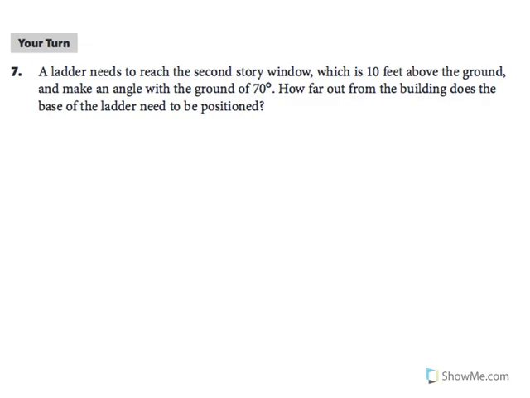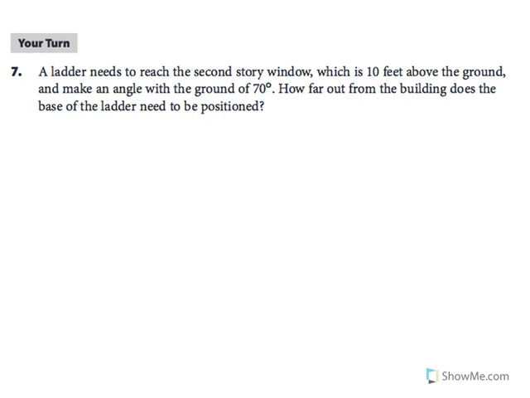Okay, and then for number 7, you have to draw your own right triangle. Right, so a ladder needs to reach the second floor window, which is 10 feet above the ground, and makes an angle with the ground of 70 degrees. How far out from the building does the base of the ladder need to be positioned?